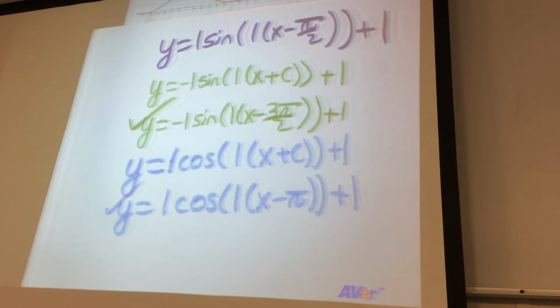Here's cosine. And the last one, negative cosine.